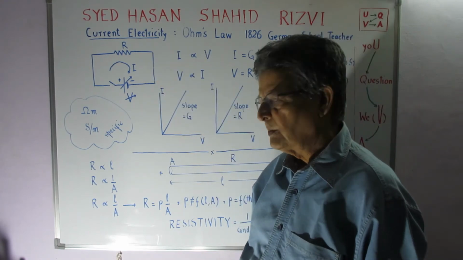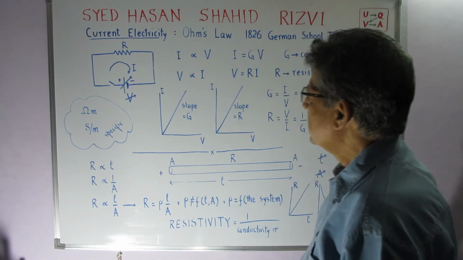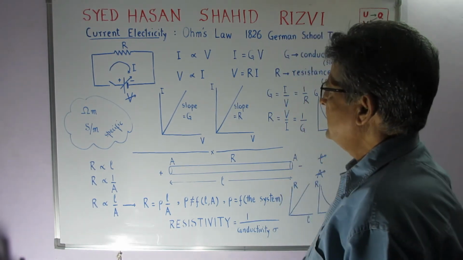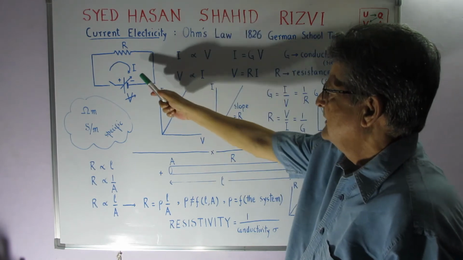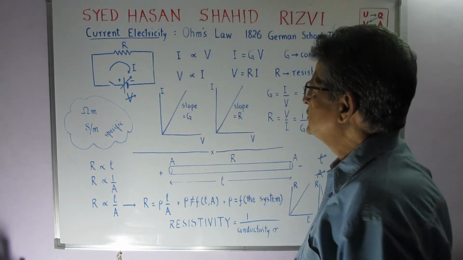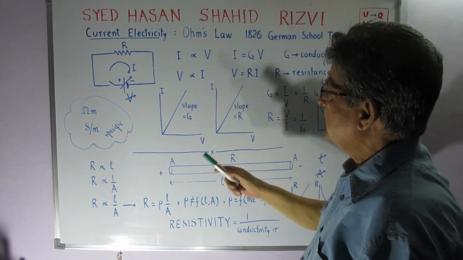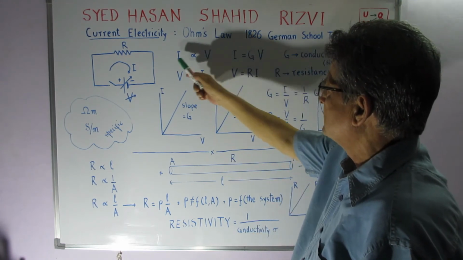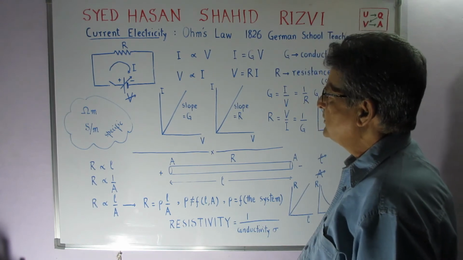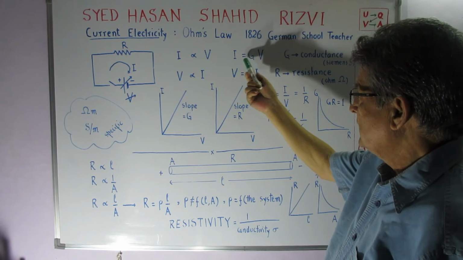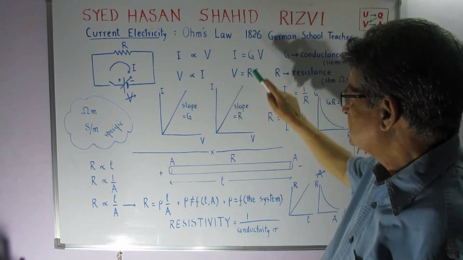We'll talk about that later on. So, in a nutshell, this measured value, which is a dependent variable, depends upon the independent variable. These two are variables. So I is proportional to V, and like all cases of proportionality, I is equal to a constant times V.